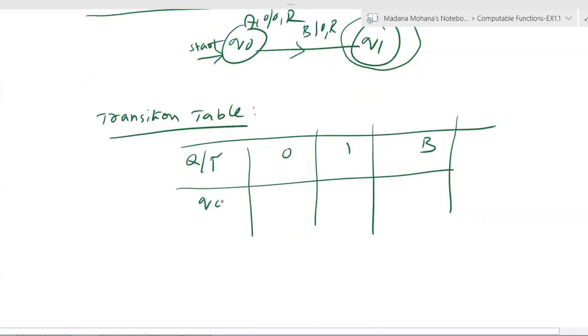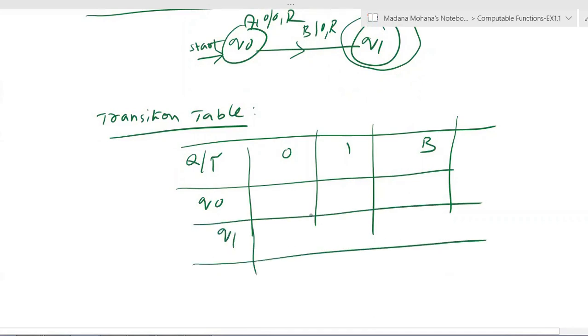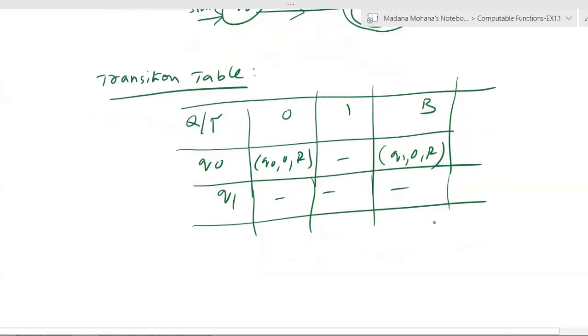The states are q0 and q1. Now q0 on 0, what is the right side move? q0 0 R. Then q0 on 1, you don't have any transition. q1 on blank, the right side move is q1 blank by 0, then moves right. From q1 on 0 or 1, you don't have any transition. So this is the transition table. This is the initial state q0, then this q1 is the final state.